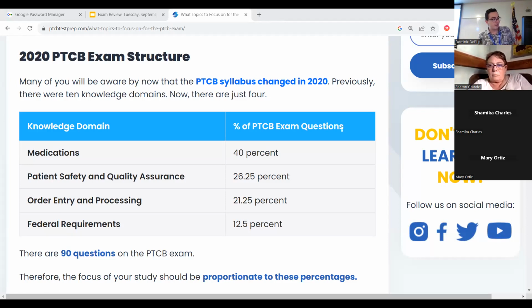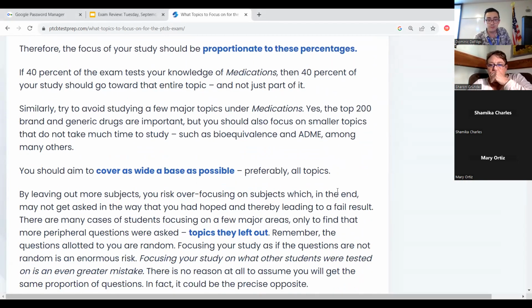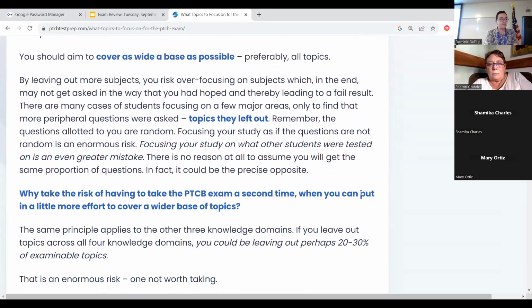So as we scroll down, as it says, focus your study to be proportionate to those percentages. You should aim to cover as wide a base as possible, preferably all topics. Of course, that's a lot easier said than done.